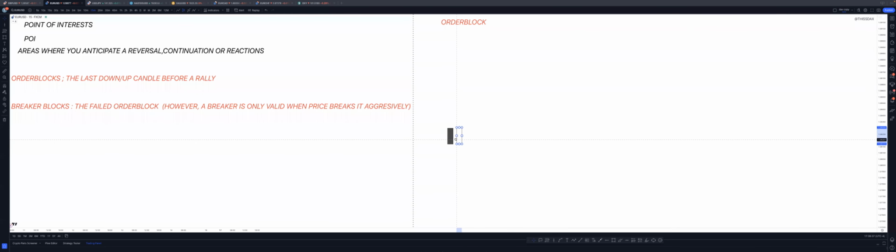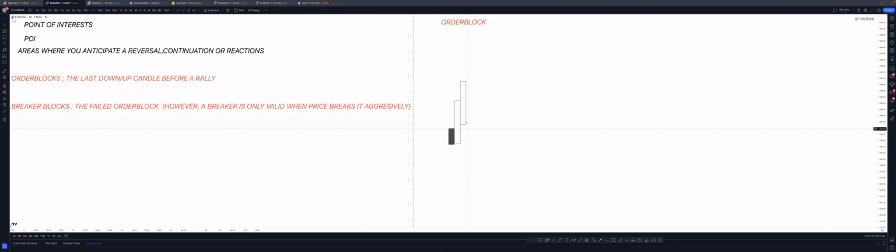In an uptrend, we have something like this. This guy right here is a rally. This bullish candle is a rally, you can see price rallying up. Based on what we know, the order block is the last down candle or up candle before a rally.